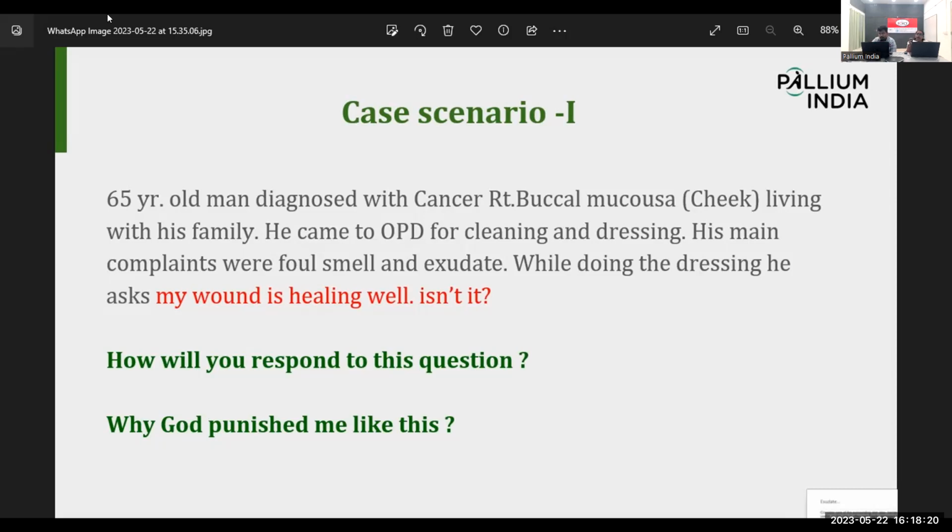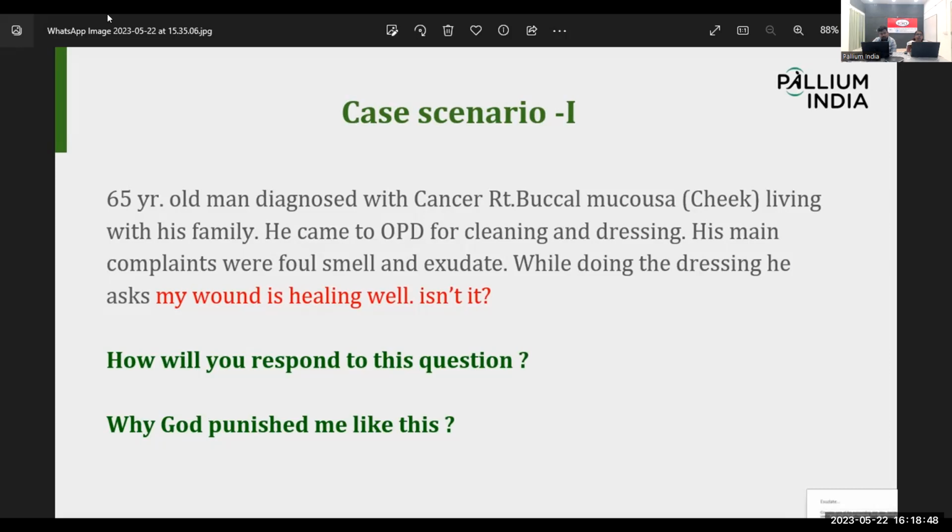And the last point is maggot formation. The patient doesn't know how maggots come. We all know that maggots come from houseflies, but the patient and the caregivers don't know. We are the people to teach the patient and the caregivers about the importance of covering the wound and how maggots develop.